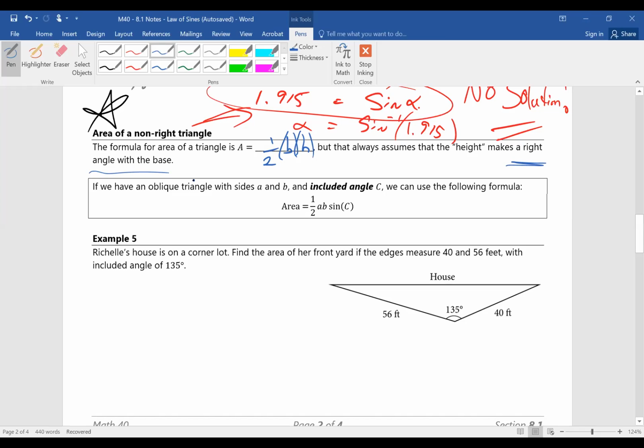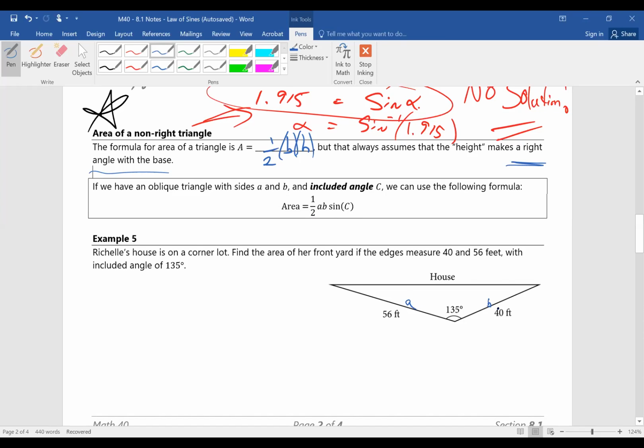So I'm going to get you a formula here that you can use on any triangle. It'll work for right triangles too, but it has to be situated in a certain manner so that you can use it appropriately. So what we're going to say is that this area is going to be 1/2 base times height again, or side A times side B, which we can call this side here and this side here.